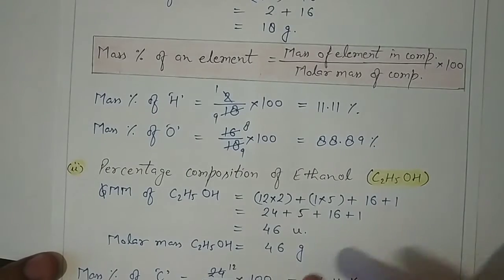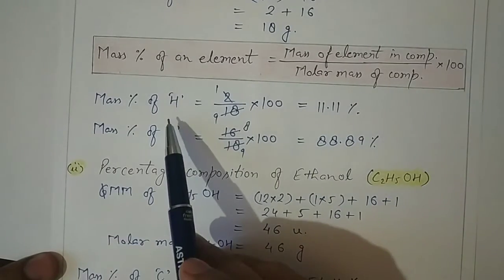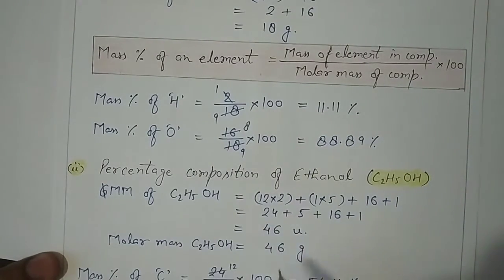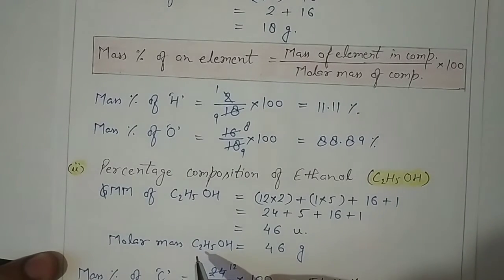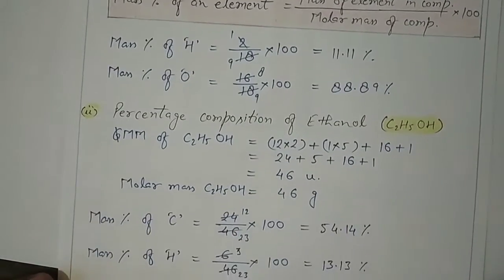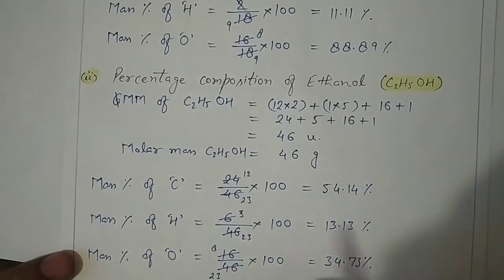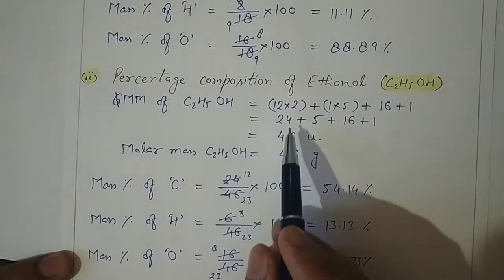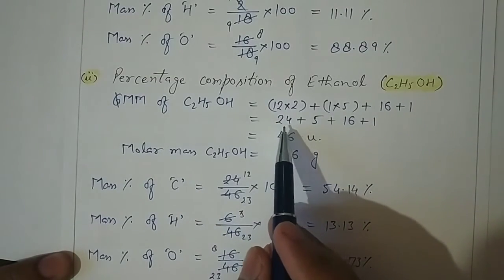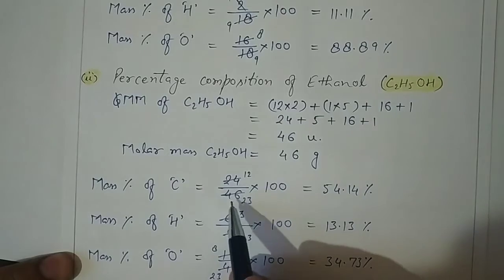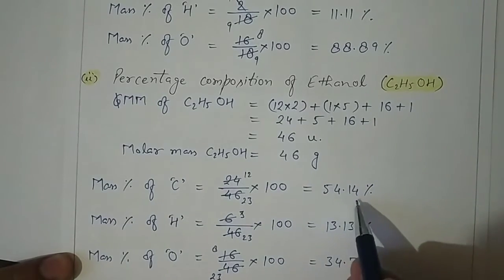Now similarly, as we have done in water for hydrogen and oxygen, here we will calculate the percentage composition of carbon, hydrogen and oxygen. So let's see what values we have got. Mass percent of carbon would be equal to: carbon has 24 mass here, so 24 upon the molar mass 46 multiplied by 100, we get this value.